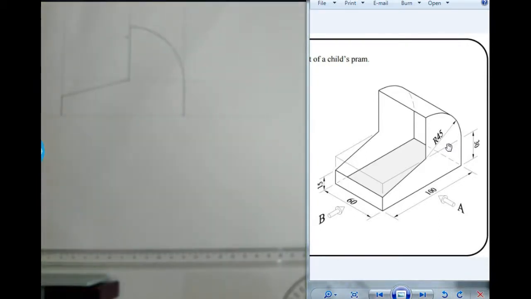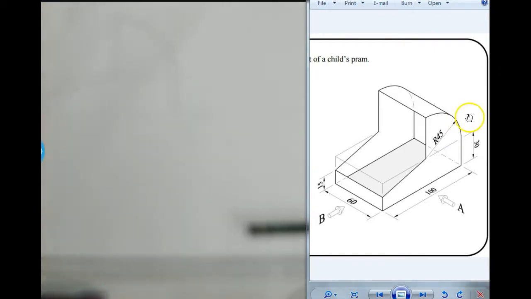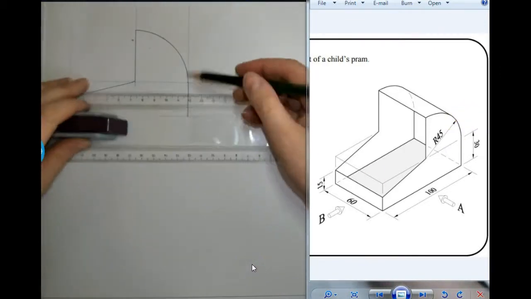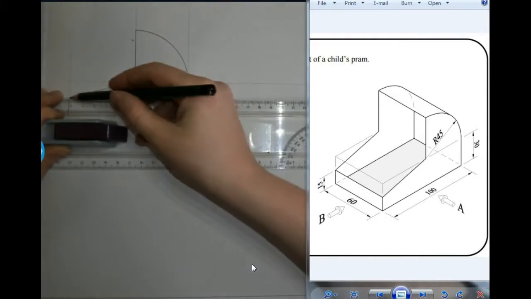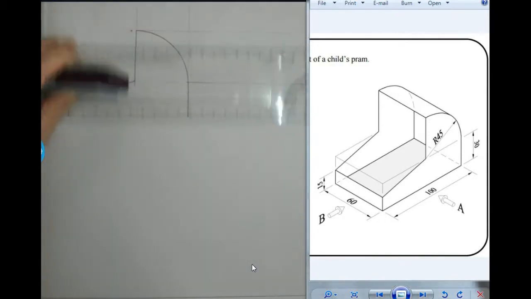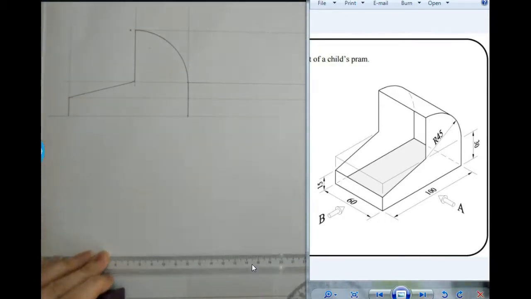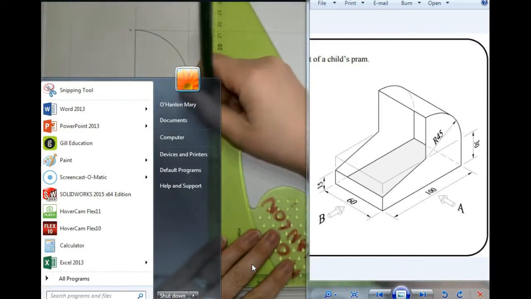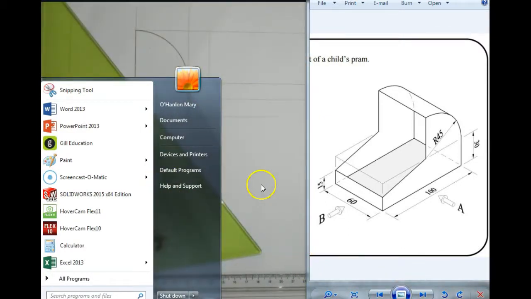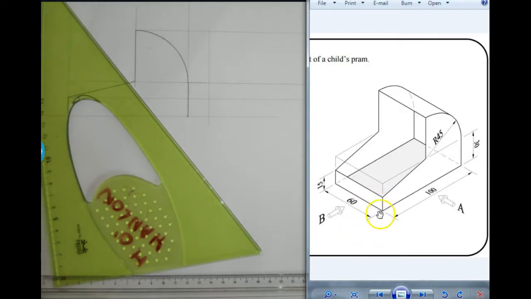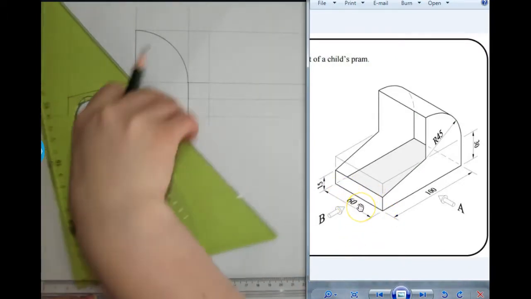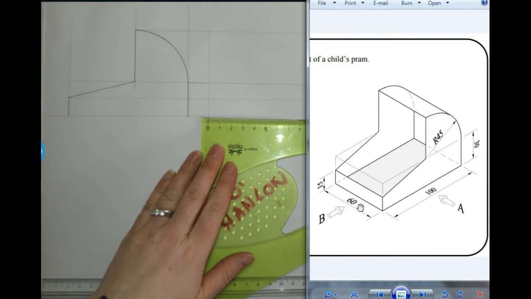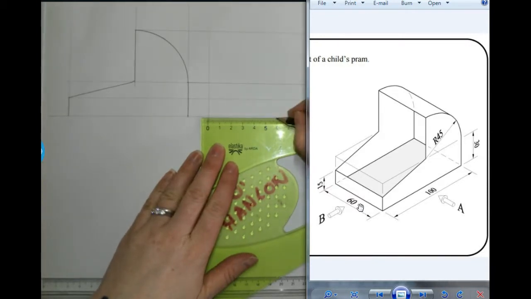Now, next, I'm going to get my side view. In order to get my side view, I'm going to bring my heights from my elevation across to my right-hand side. I'm going to leave a little bit of a gap. It doesn't matter how much of a gap, just leave a little bit of a gap before I start. Now, if we look at our question here, we've got a gap here of 50, so the width is going to be 60.